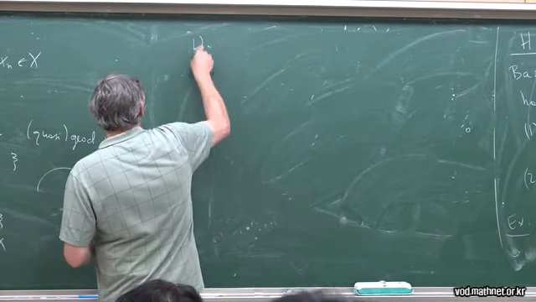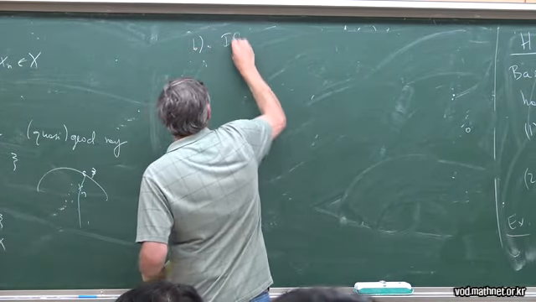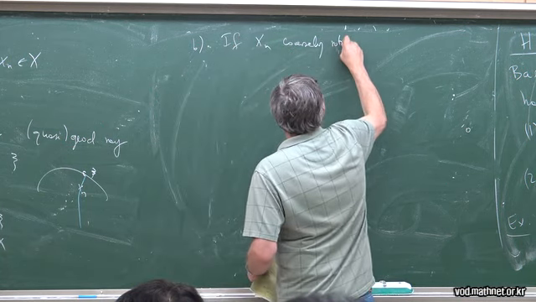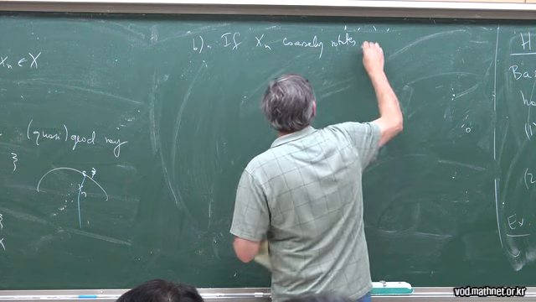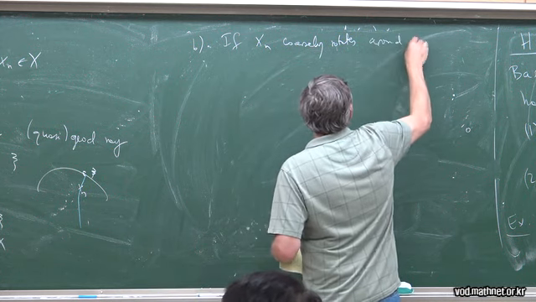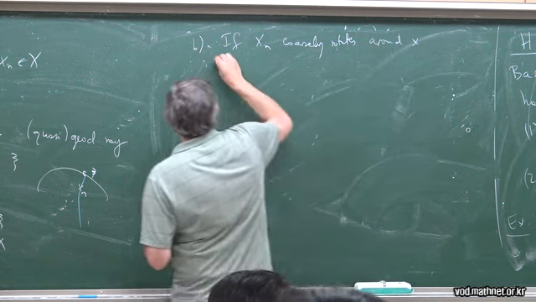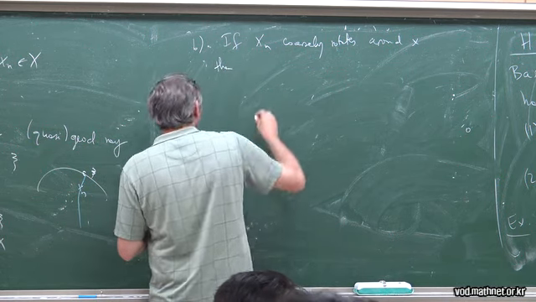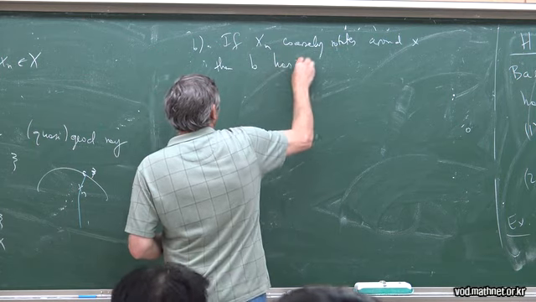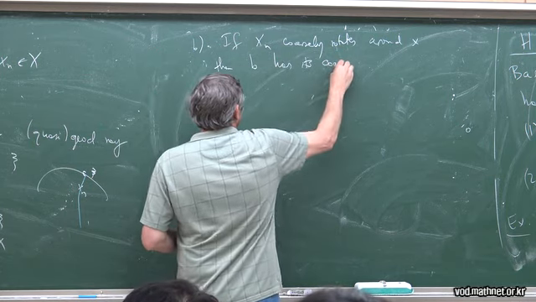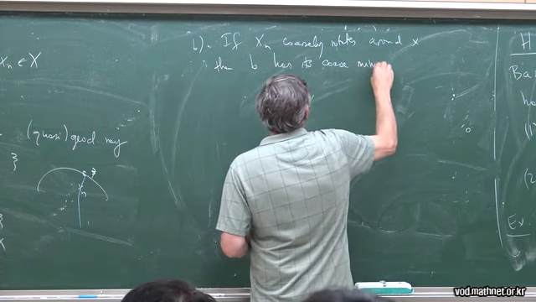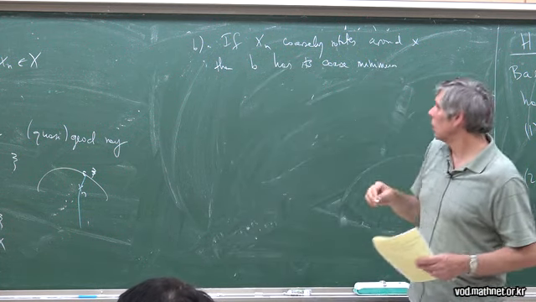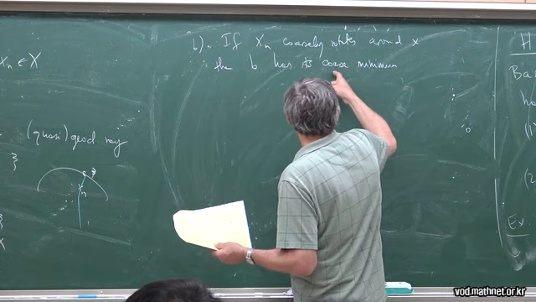Okay, so the second claim is that if xn coarsely rotates around x, then b has its coarse minimum where it doesn't go to minus infinity anywhere.